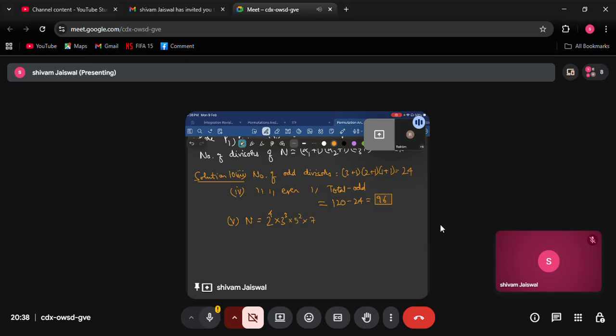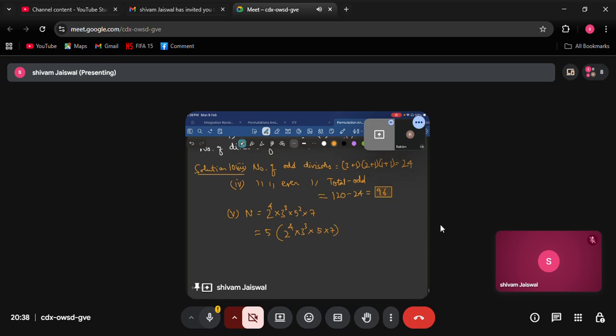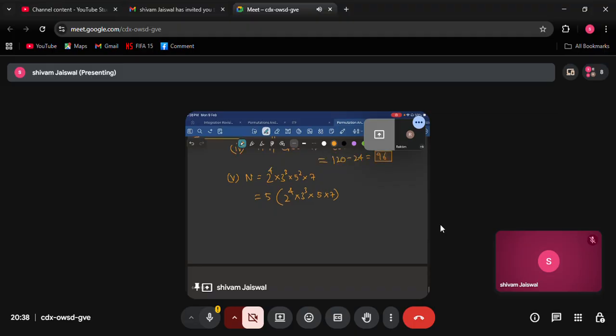At first only you select one 5. Within brackets you'll get 2 to the power 4 into 3 cube into 5 into 7. So what is the number of divisors which are multiples of 5?